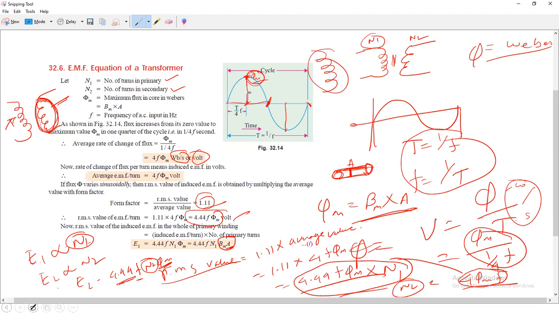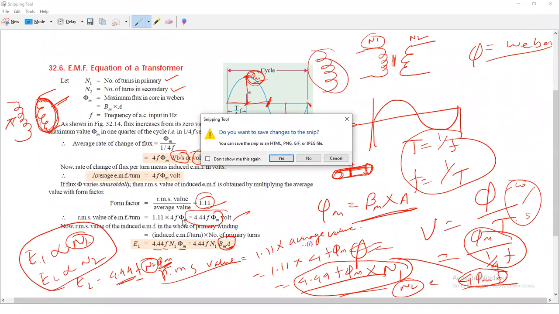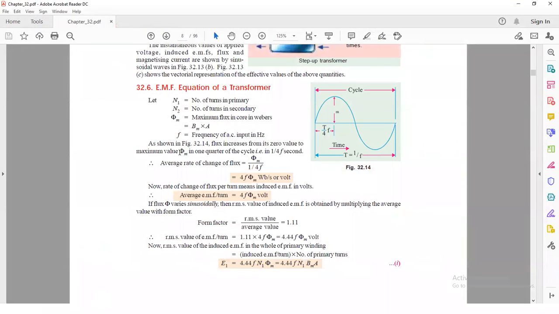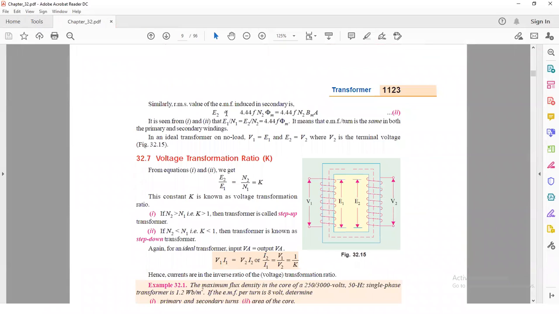Okay, so all are clear? Yes, sir. Because they are directly proportional to each other. Okay, because if all this section is constant, the voltage increase or decrease depends on your turn ratio. So this is the turn ratio.